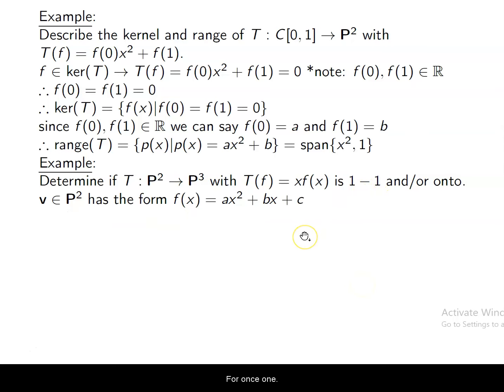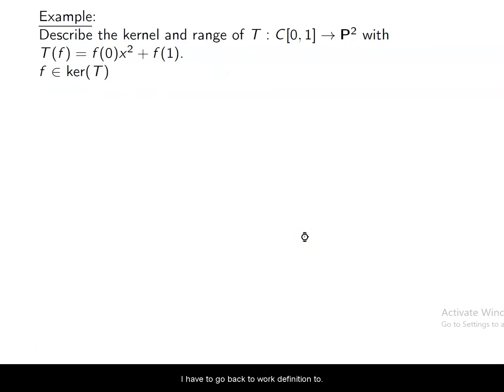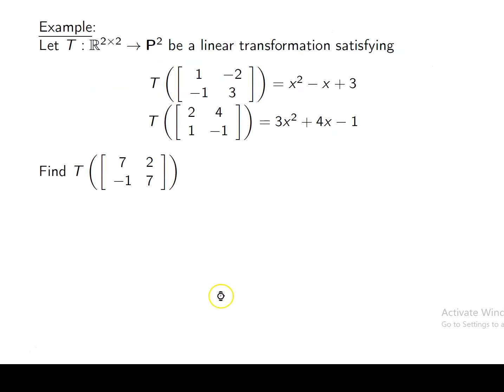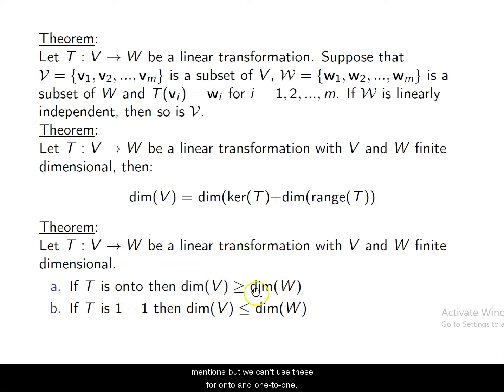For 1-to-1, if we go back to our definitions here, we had some definitions about dimensions, but we can't use these for onto and 1-to-1 because these theorems say that if we are already onto or already 1-to-1, then these relationships between the dimensions are true. The converse doesn't hold. We can't say that since this is true, we're onto or 1-to-1. It doesn't work that way.